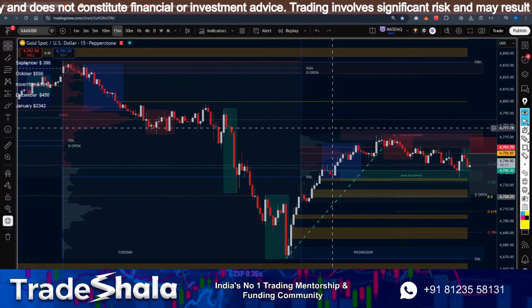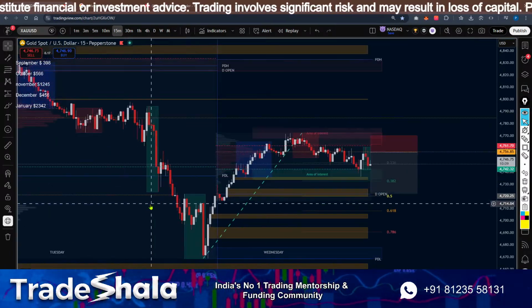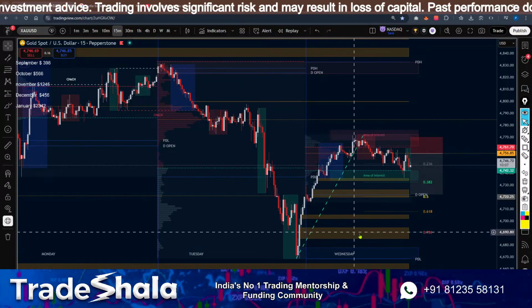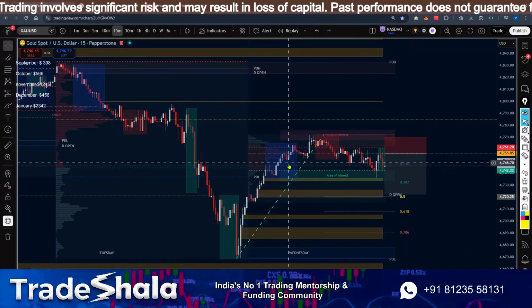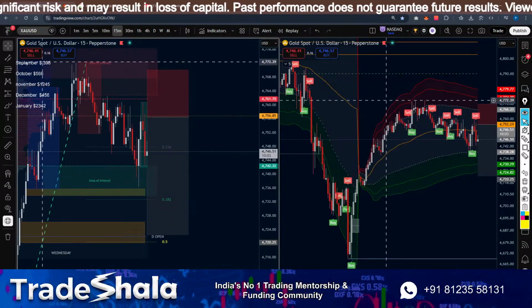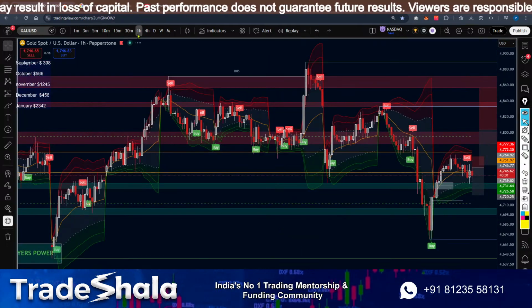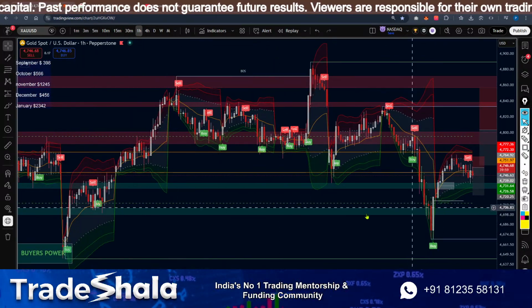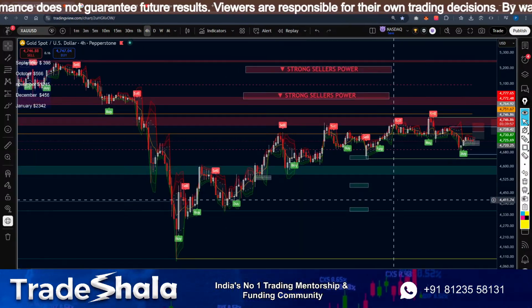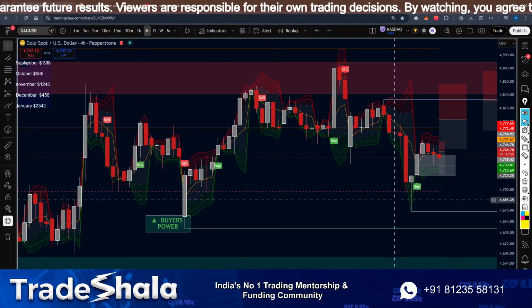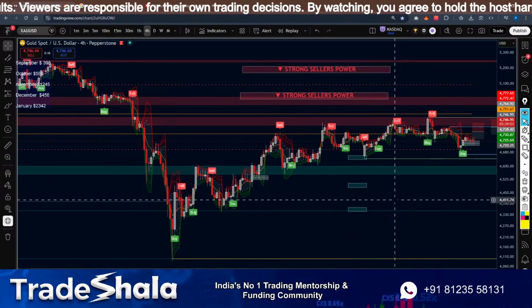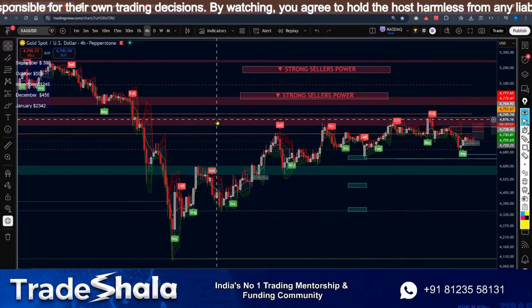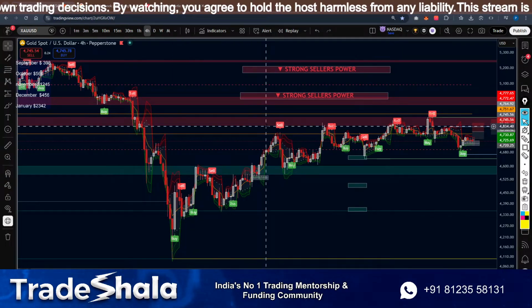Anything below 30 minutes I go for this. Where is the support, where is the resistance, where is the fair value, where are the sessions, where are the sessions high and low. And over here I go for higher time frames like 1 hour support and resistance, 4 hour support and resistance. Where is the VWAP, where are the other, you see these red lines, gold lines and all, those are all levels.